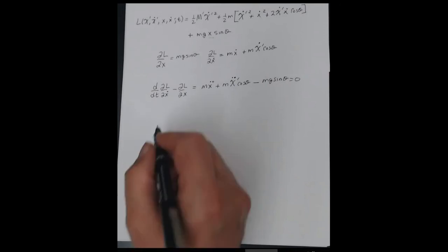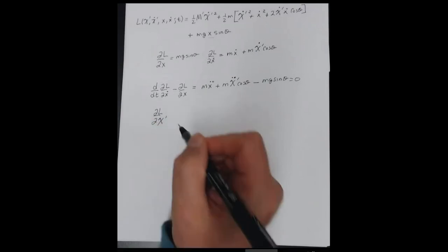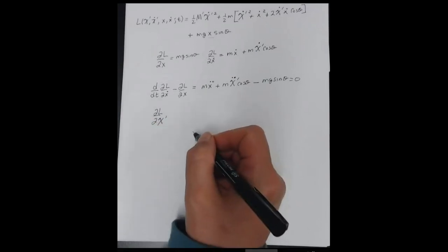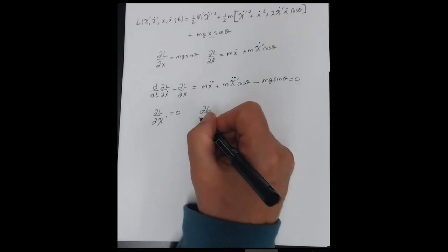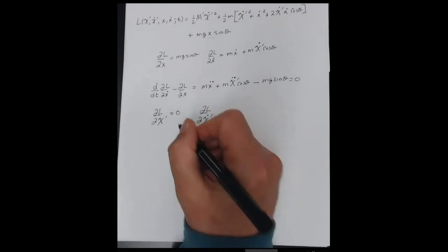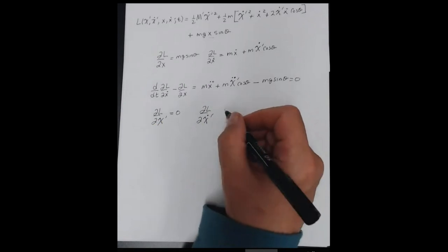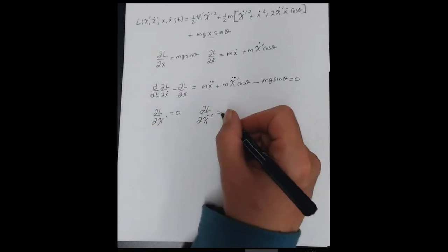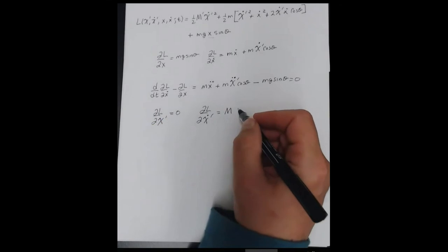Okay, so that's one equation. Then I'm going to have dL/d big X, and that's just 0. And then I have dL/d big X dot, and that is equal to big M. If you look up there, what else?